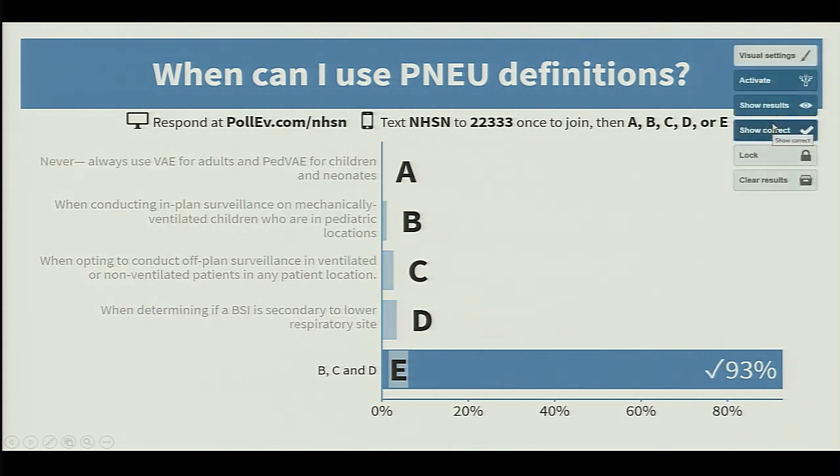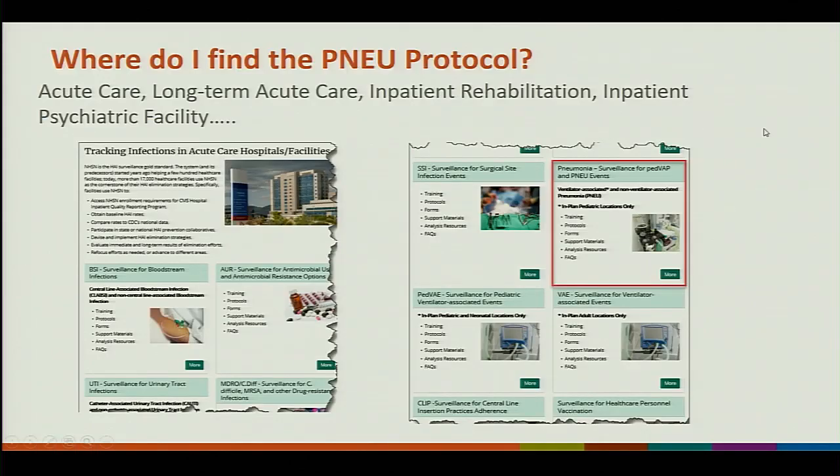All right. And the answer is E. Very good. Now we're going to go on a little bit more just to make sure that you remember that by the end. So if you're going to use pneumonia for all of those different purposes, where do you find it? Well, it's not found in Chapter 17.